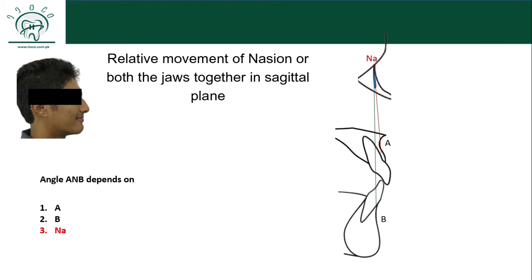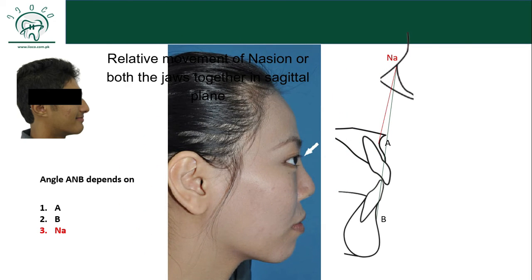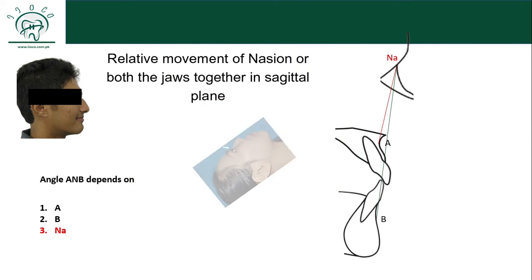Let's say the Nasion has moved a little bit forward. What will be the impact of this movement on angle A and B? Like in this patient, you can see clearly that the glabella or frontal bone is very prominent. In these kinds of patients, you may find that Nasion is a little bit ahead. So what is the effect of this on angle A and B?